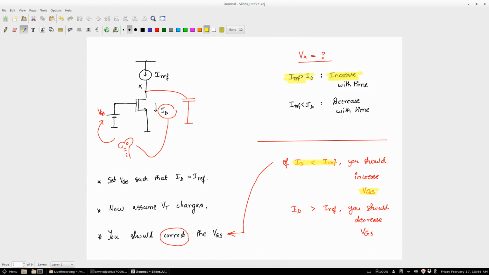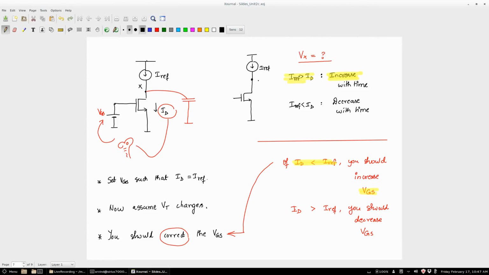If ID is less than Iref, you want to increase VGS. That means your Vx is moving in the direction that you want.